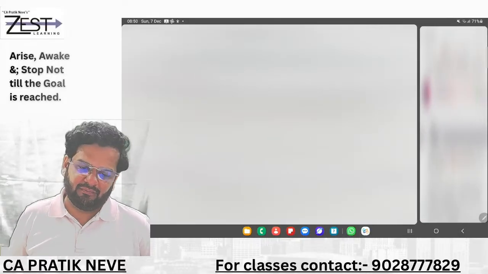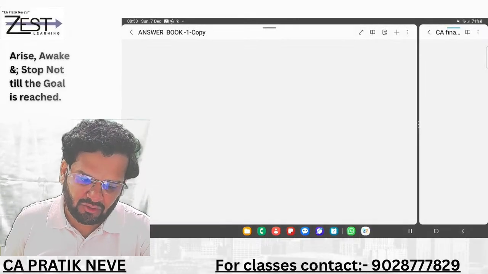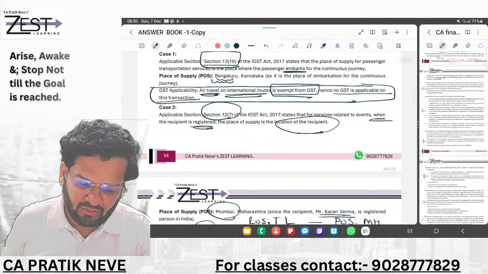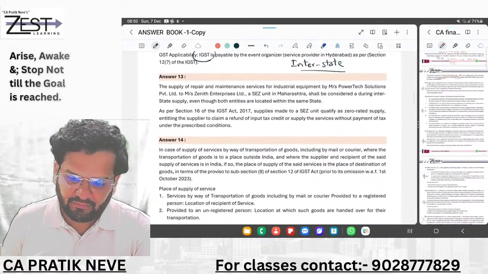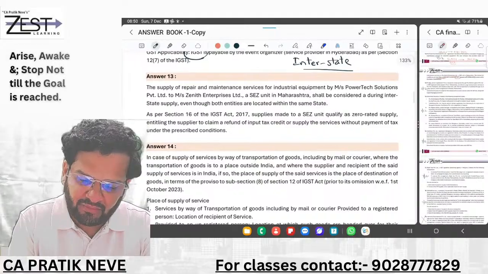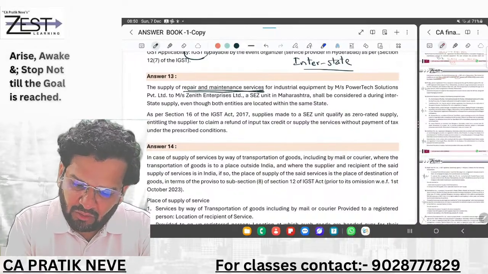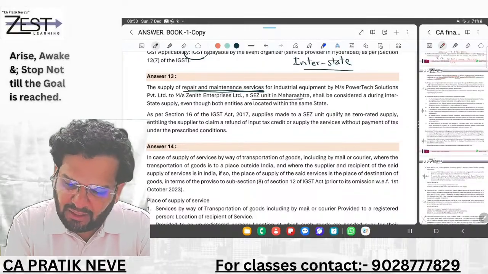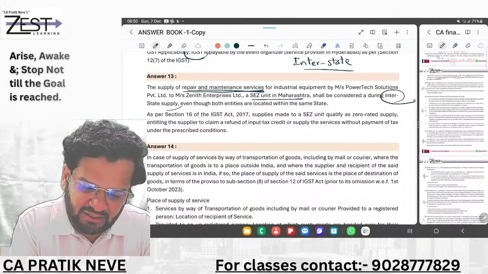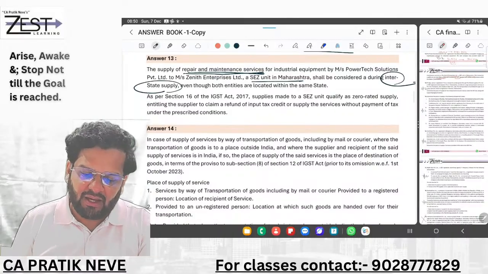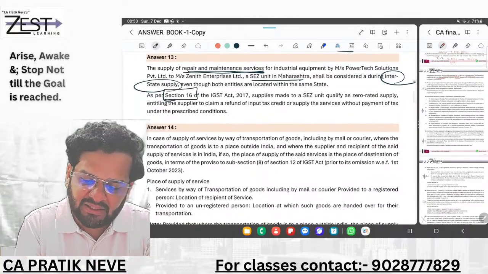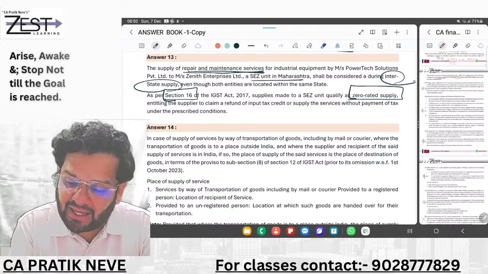So what is the question? The question itself is not mentioned. Is it valid? So yes, it is valid. Supply of repair and maintenance service to an SEZ unit in Maharashtra shall be considered as interstate supply, and interstate supply is zero rated supply.